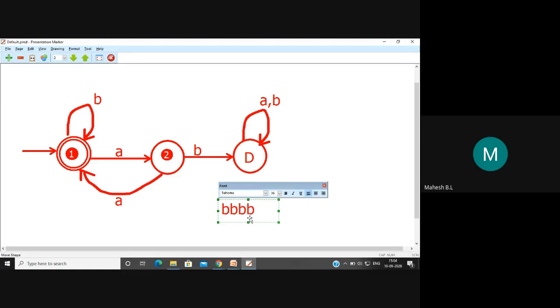Yes, it belongs to the language. Initially you are in state 1, and in state 1 you can read 0 or more B's using the self loop. So all 4 B's can be processed by this self loop. After processing this sequence, your DFSM is going to remain in state 1. State 1 is an accepting state. That's why this string belongs to the language.